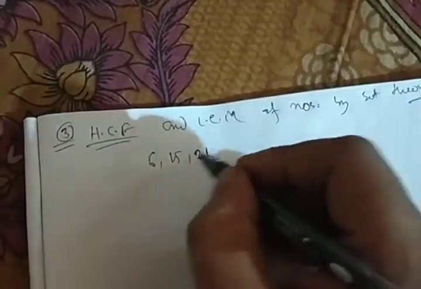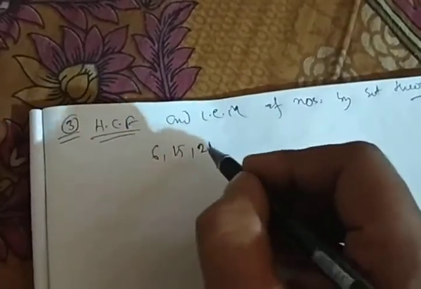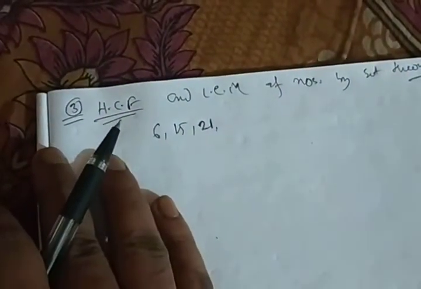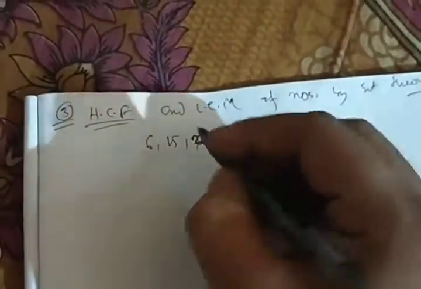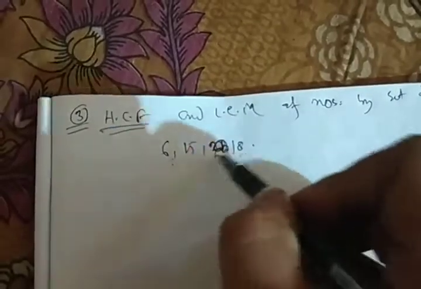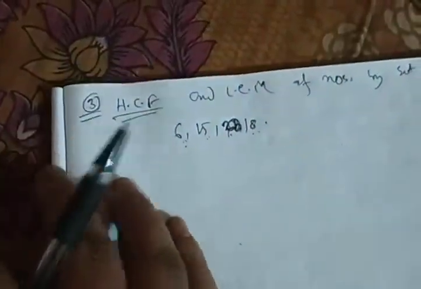Okay, the LCM of these numbers will be difficult to calculate. Let's say 18 instead. So 6, 15 and 18. Now we have to find the HCF of 6, 15 and 18 and the LCM of 6, 15 and 18. So how to find the HCF and LCM by set theory.